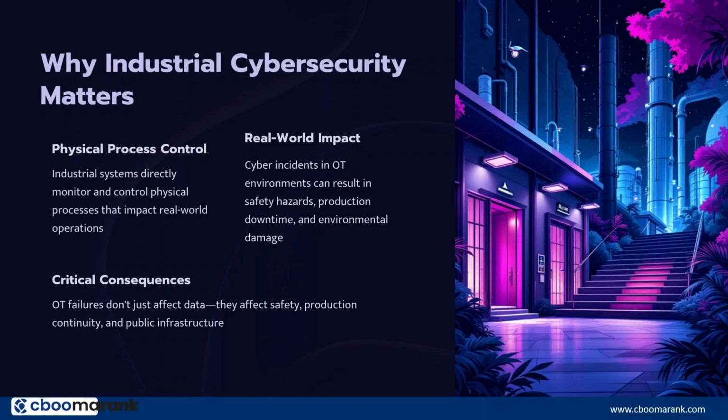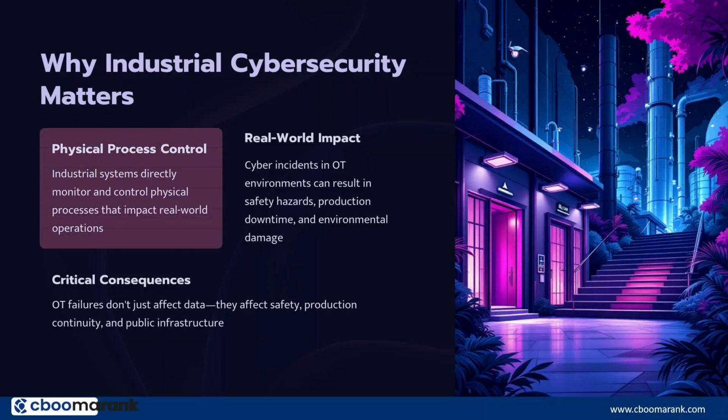Unlike traditional IT systems, industrial systems interact directly with physical equipment. For example, industrial cybersecurity protects the building blocks of these systems, such as a PLC, or programmable logic controller, which executes control logic, and also SCADA systems, or supervisory control and data acquisition, distributed control systems, DCS, and also industrial sensors and actuators, which connect the digital control system with the physical environment.